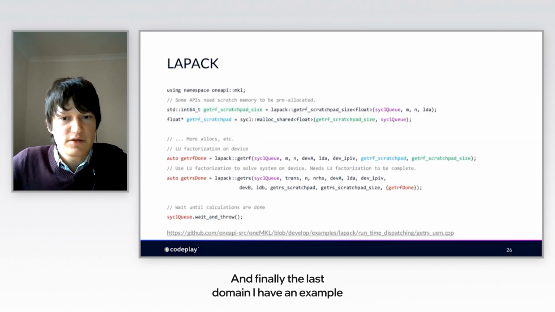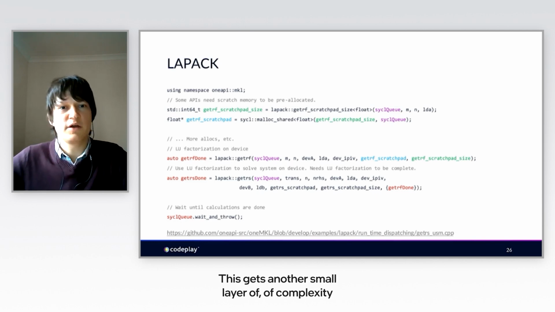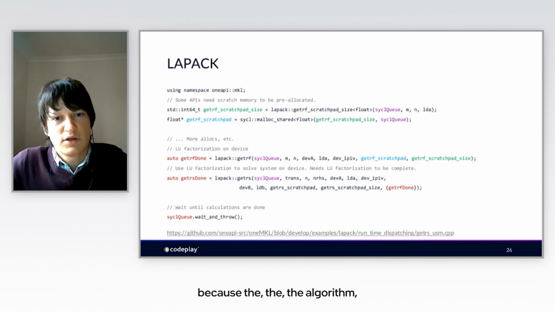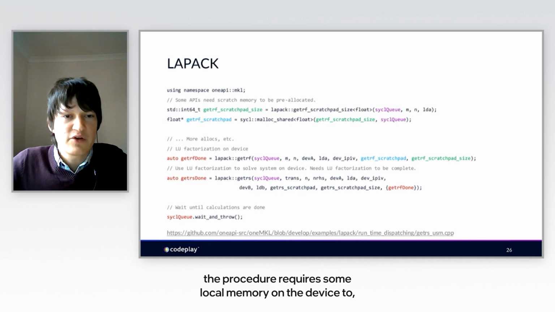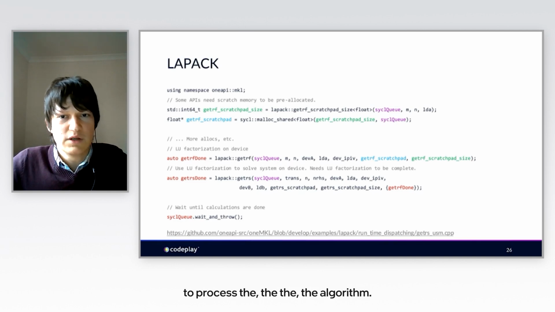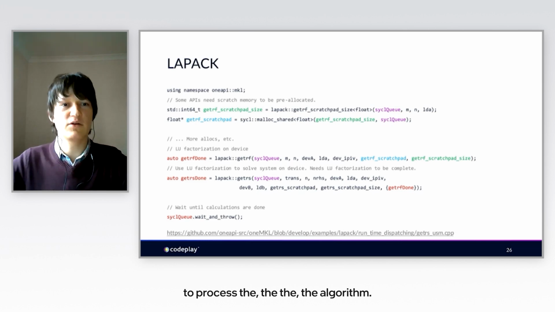And finally, the last domain I have an example for is the LAPACK, so the solver domain. This gets another small layer of complexity, because the algorithm, the procedure requires some local memory on the device to process the algorithm.